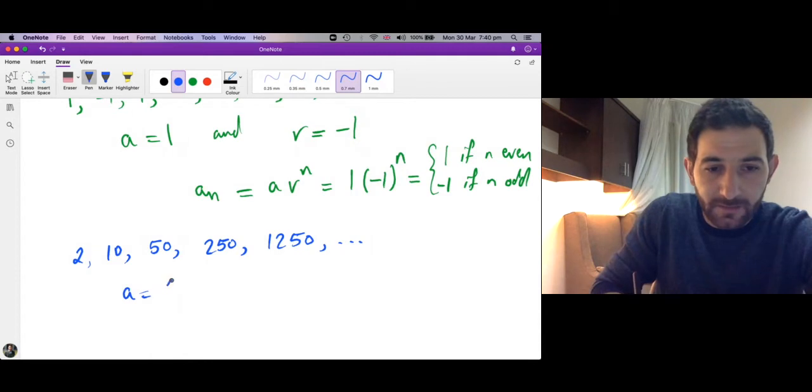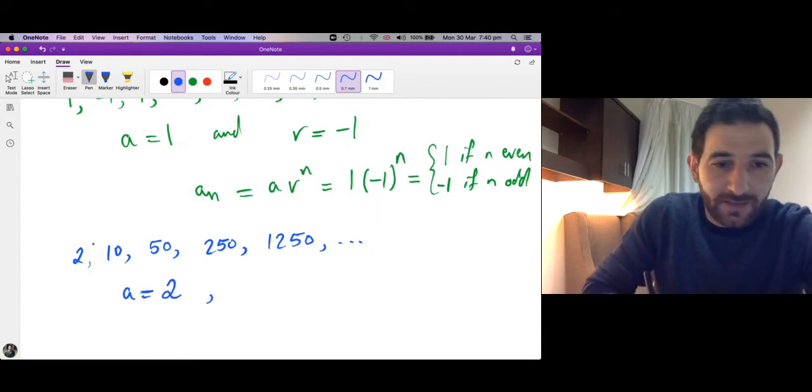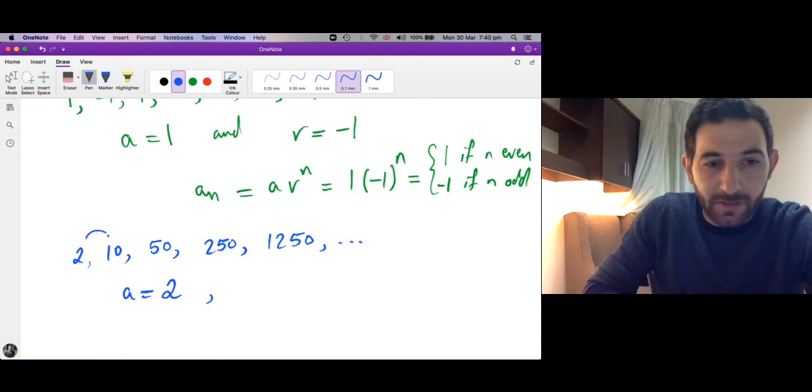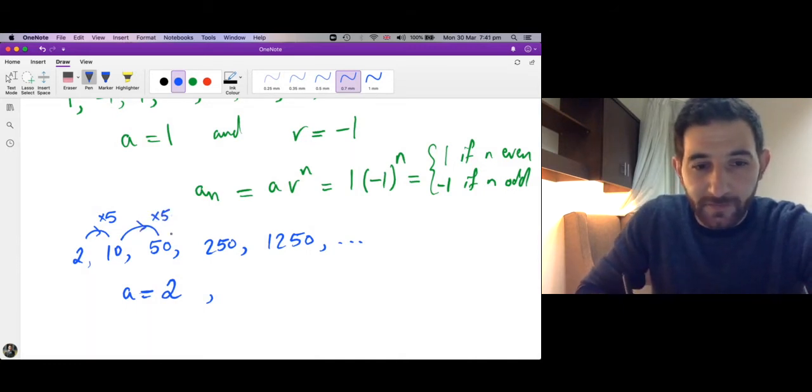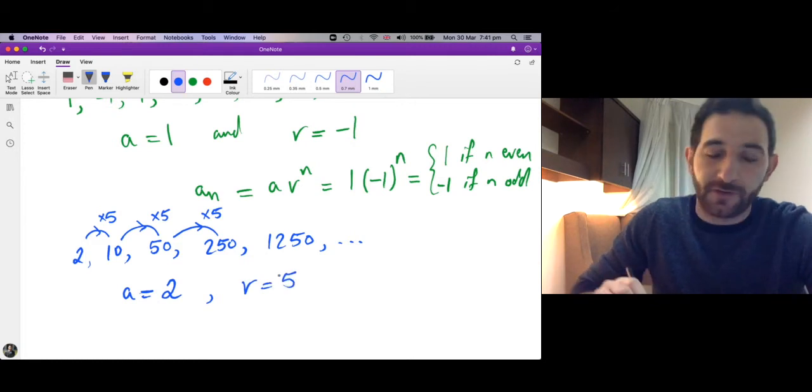It is A, and A is equal to 2. Now, how do we obtain the second from the first? By multiplying by 5. And the third from the second, again, by multiplying by 5. 5 times 10 is 50, and then here we also multiply by 5. So you see that the common ratio is 5.